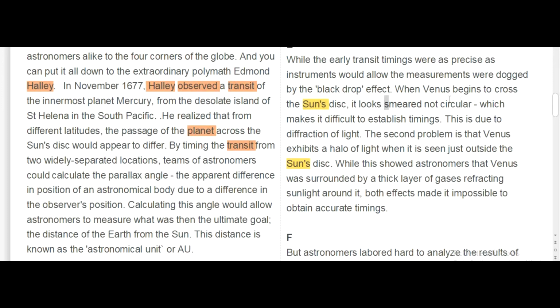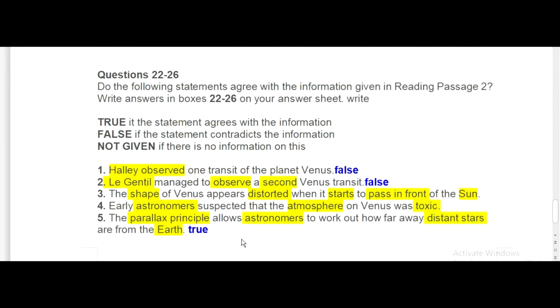Here I see something about shape. Cross. You remember we were looking for cross. Now I'm going to read our question one more time. The shape of the Venus appears distorted when it starts to pass in front of sun.